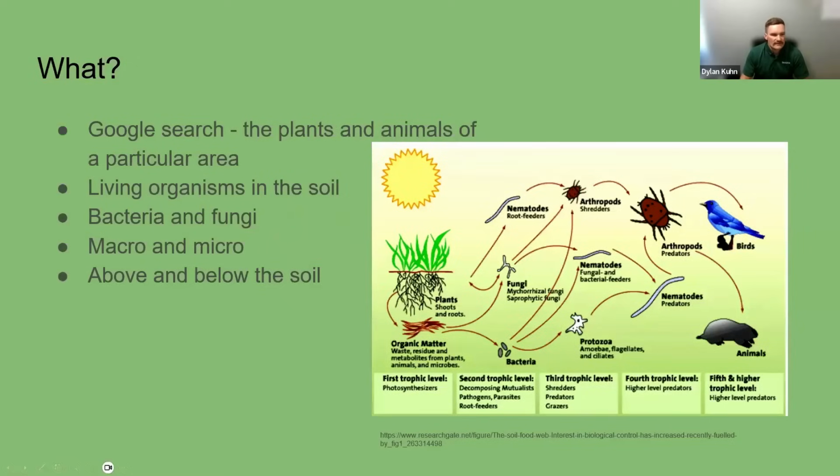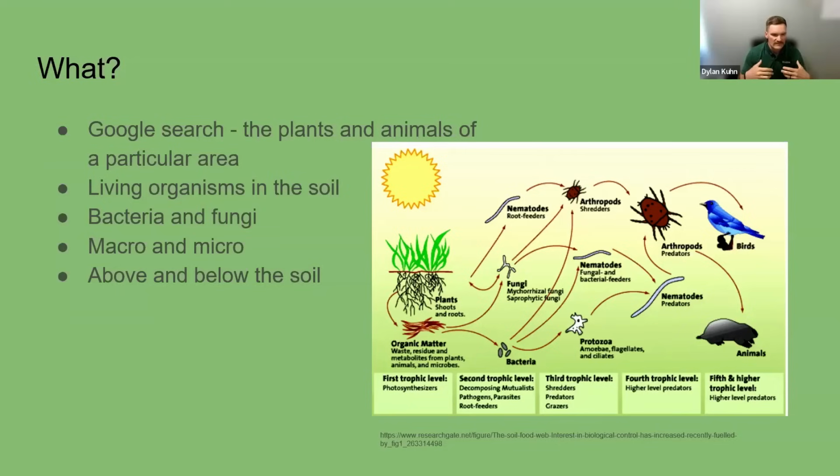So, I want to start with, what is the biology? I did a Google search and it just says the plants and animals of a particular area. So, when we're talking of a particular area, we're talking of our soil, and really that's living organisms in the soil from the smallest bacteria all the way up to the larger animals, like maybe if you're grazing a ruminant animal, even walking across there.